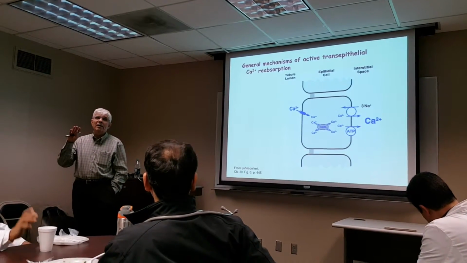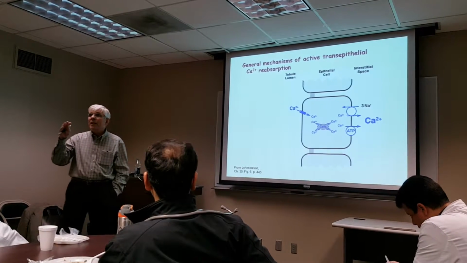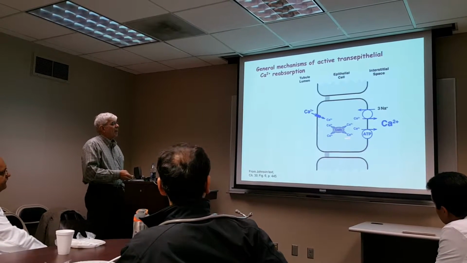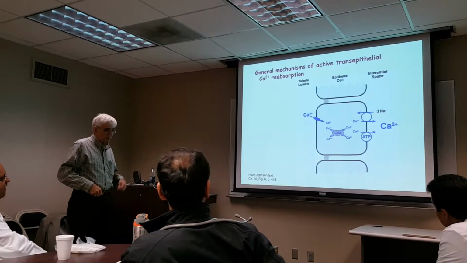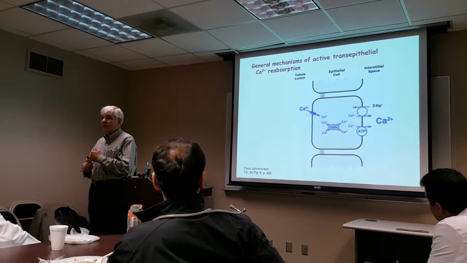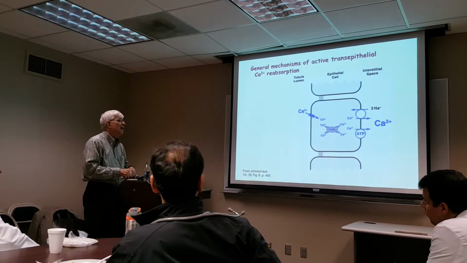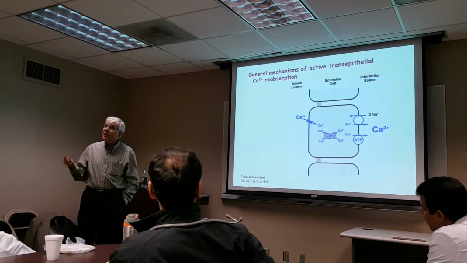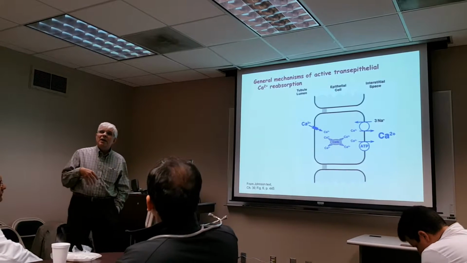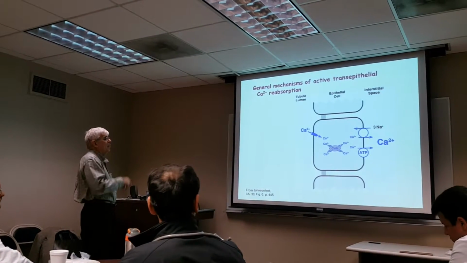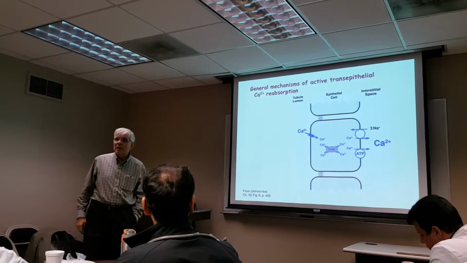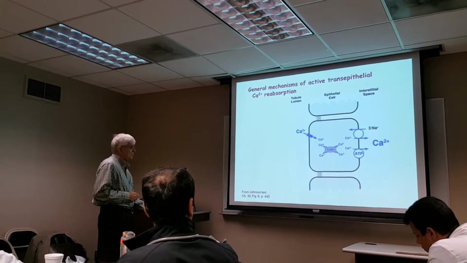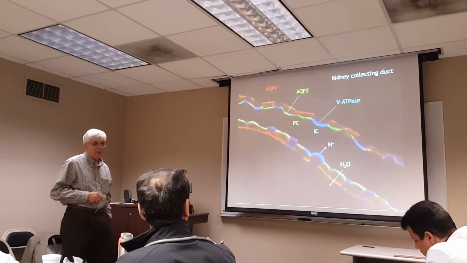And it happens then that along the nephron, the only place where all of these things come together, this epithelial calcium channel, the calbindin, and the 2 mechanisms of active transport, is the distal convoluted tubule. And in addition, in the distal convoluted tubule, there's receptors for vitamin D3, which enhance the reabsorption of calcium. And there's also here a PTH receptor that can turn up the calcium reabsorption. So you've got all the machinery there.